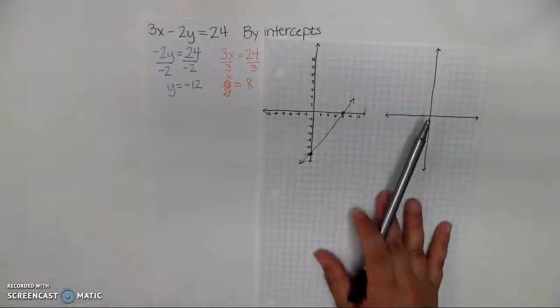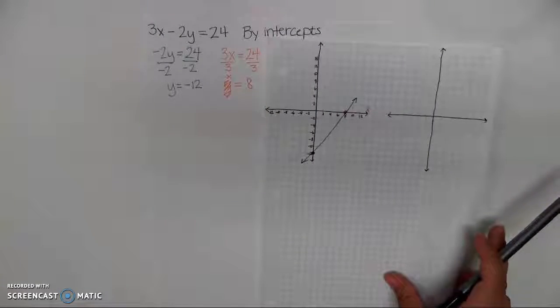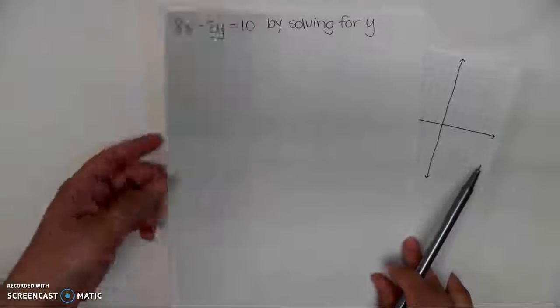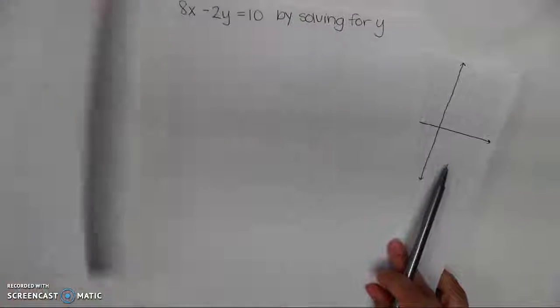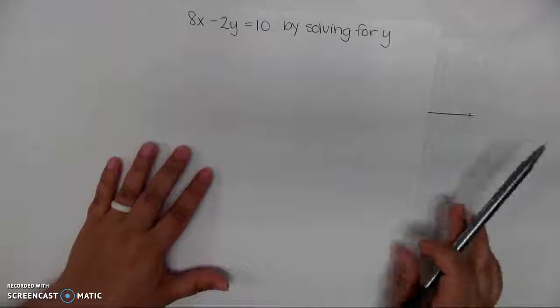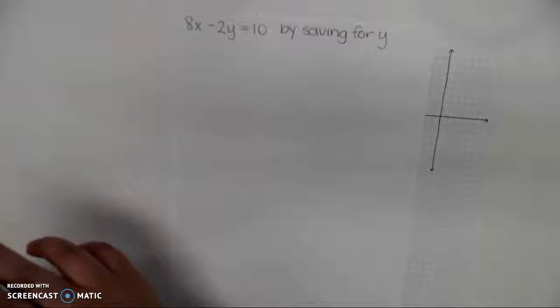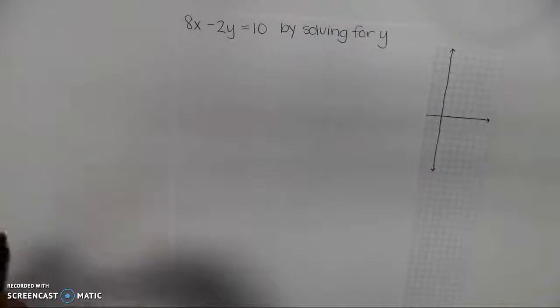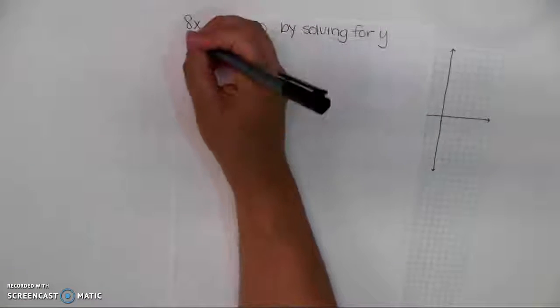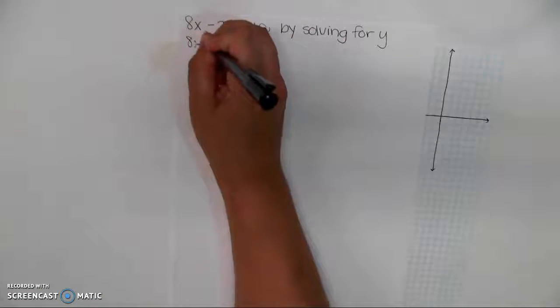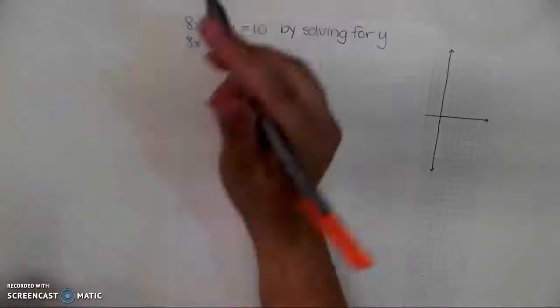So that's by intercepts. But the other way to graph standard form is by solving for y. So if I'm going to do this by solving for y, that means I need to figure out what y equals. So in a previous video, we rewrote the equation with the variable we're trying to solve for in a different color.